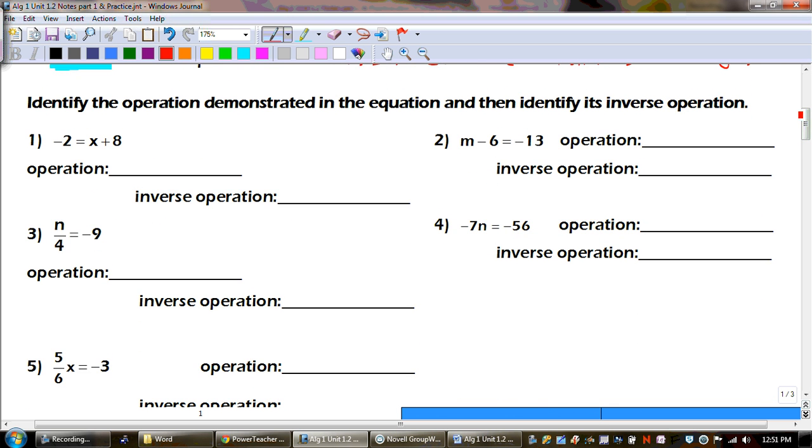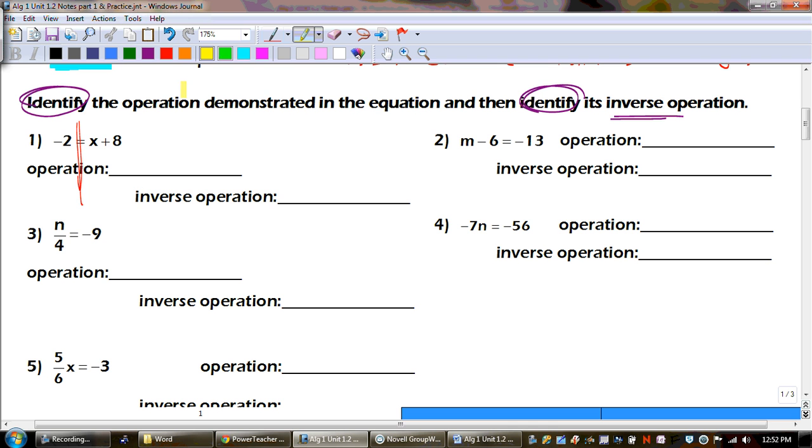All right, let's take a look at this. The directions say we need to identify the operation demonstrated in the equation and then identify the inverse. Wherever the equal sign is, we draw the line to see the two different halves of the equation.